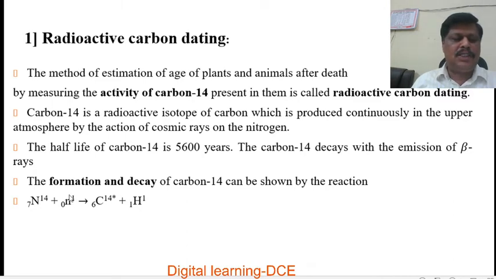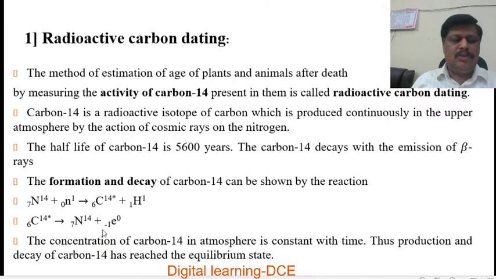When neutrons bombard the nitrogen, it gives rise to the carbon 14 isotope and also protons, hydrogen, and in turn this carbon 14 radioactive isotope decays with a beta particle forming nitrogen 14. That means in the atmosphere nitrogen is converted into carbon 14 isotope and carbon 14 decays to form nitrogen.